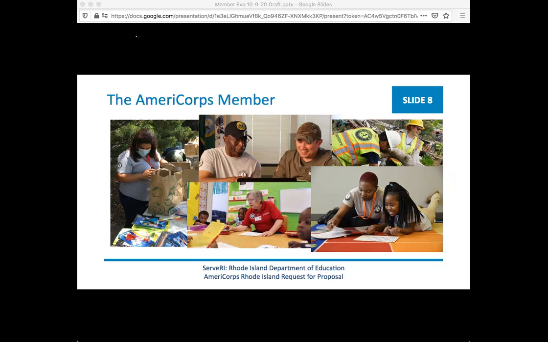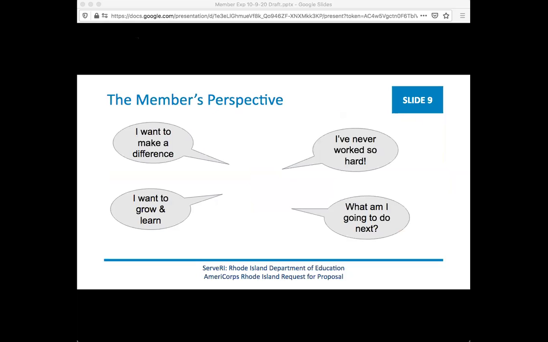And along with that goes this idea of what's in it for the member? What is the member bringing to the table here? So thinking about them too, most AmeriCorps members come because they want to make a difference. They see things happening in the world, and they want to be a productive part of the solution. Again, they don't want to stand at the copier. They want their skills and talents to be used in the world. They want to grow and learn.